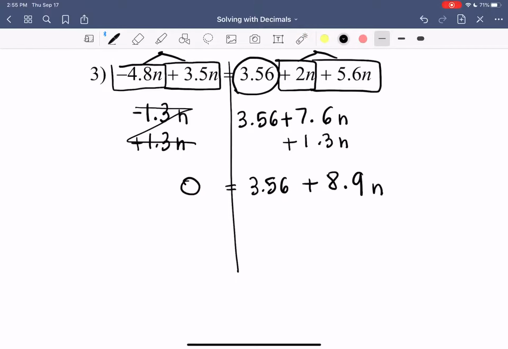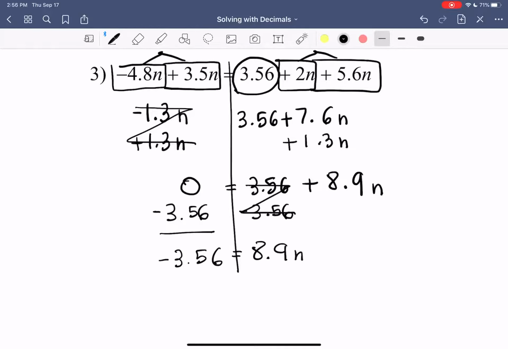So with that being said, our answer is yes, and then we are supposed to move the constant that's on the same side as the variable to the other side by changing its sign. So this is a positive 3.56, so we're going to subtract 3.56 from both sides. This will become 0, and we'll be left on the left side with negative 3.56 equals 8.9n.